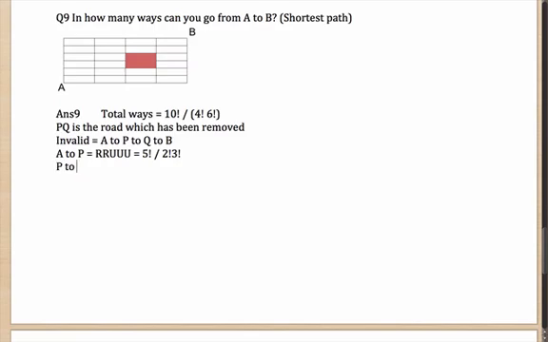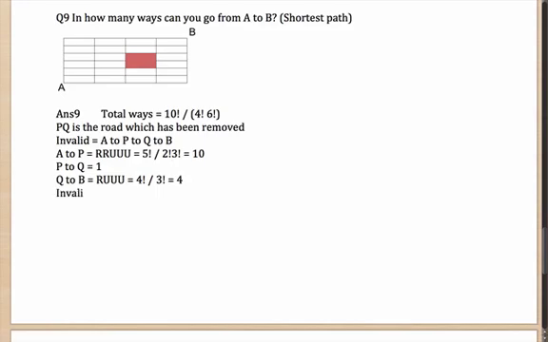P to Q is still 1 way. And from Q to B, how many ways are there? Q is this point, 1 right and 3 ups, so that is R, UUU, which is 4 factorial by 3 factorial. So out of the total ways which were there originally, how many are invalid? 5 factorial by 2 factorial, 3 factorial is 10. 4 factorial by 3 factorial is 4.